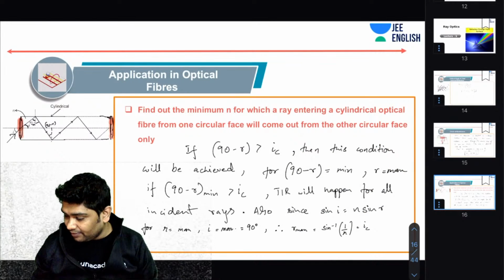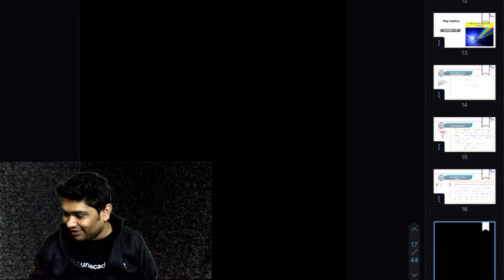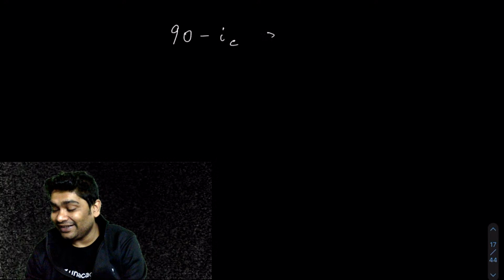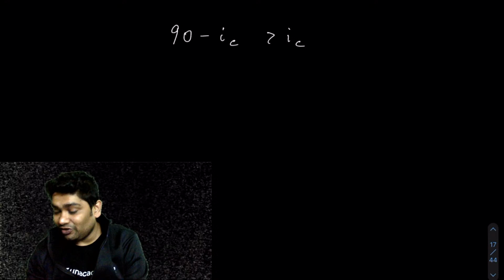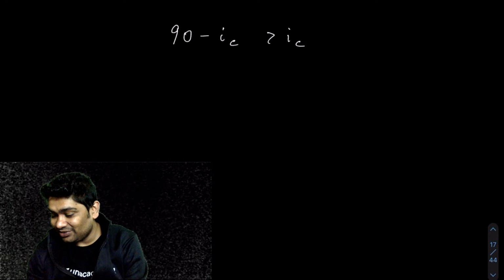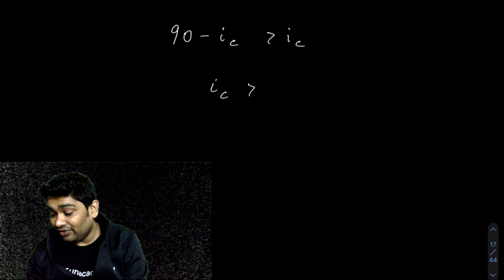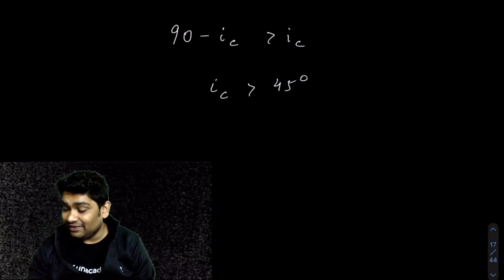Again, I hope everybody is following the logic of what we are trying to do. What we are trying to do is if I can ensure that this ray, which has the minimum angle of incidence at the cylindrical face, undergoes a total internal reflection, then all other rays will definitely undergo total internal reflection. So all I want is 90 minus IC greater than IC, which obviously implies that IC should be less than 45 degrees.